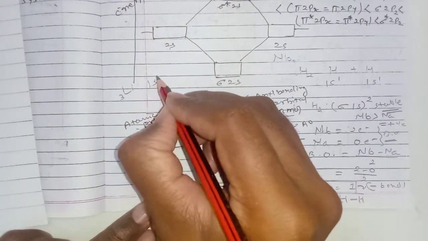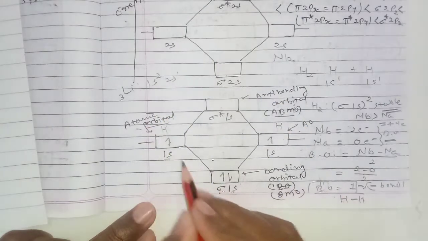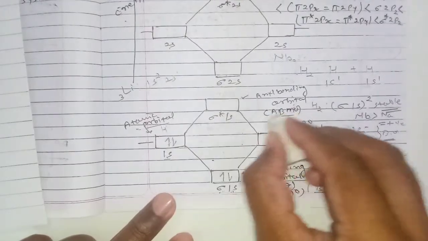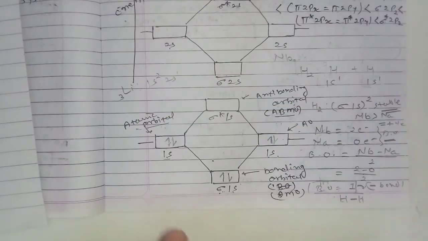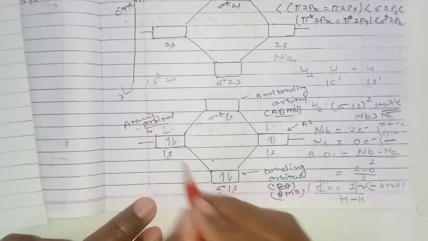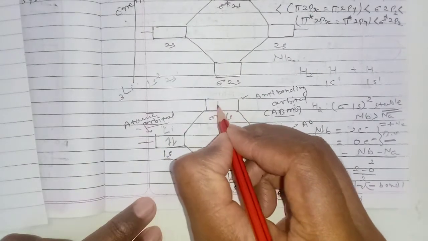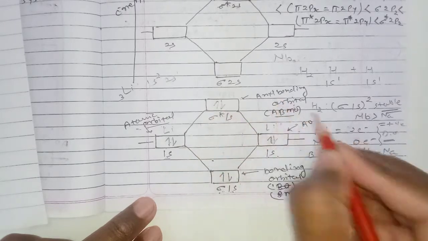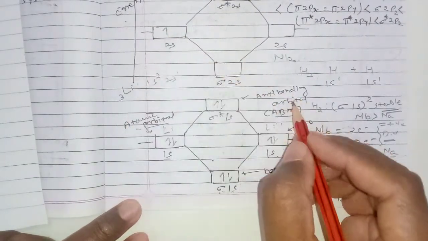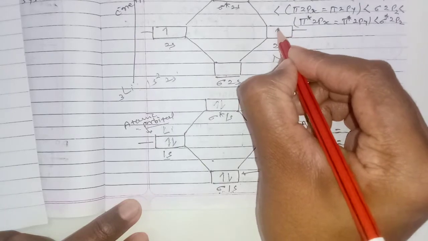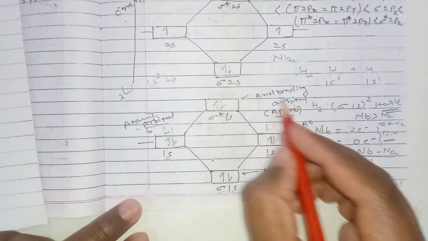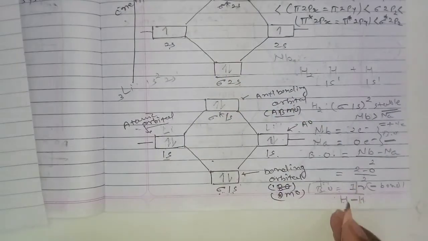That means in the 1s orbital there are 2 electrons, here for the lithium atom, with 1 electron in the antibonding molecular orbital, and 1 electron present in the 2s orbital, and by combining, the 2 electrons are present in the sigma 2s orbital, the bonding molecular orbital.